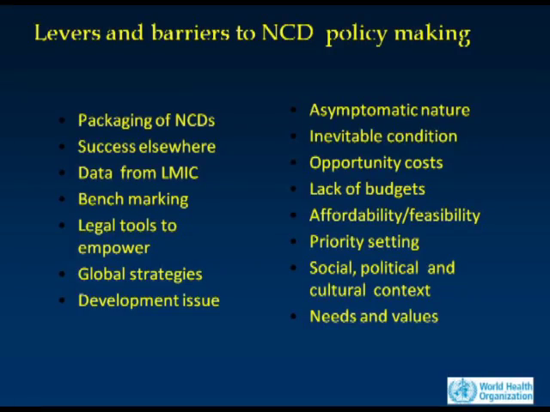Here I have attempted to list for you some of the levers that I already alluded to that can be helpful when you want to translate evidence into policy, like packaging of NCDs that I mentioned for the global strategy, success elsewhere that you show as an example, data, benchmarking, legal tools, and also making a condition a development issue.